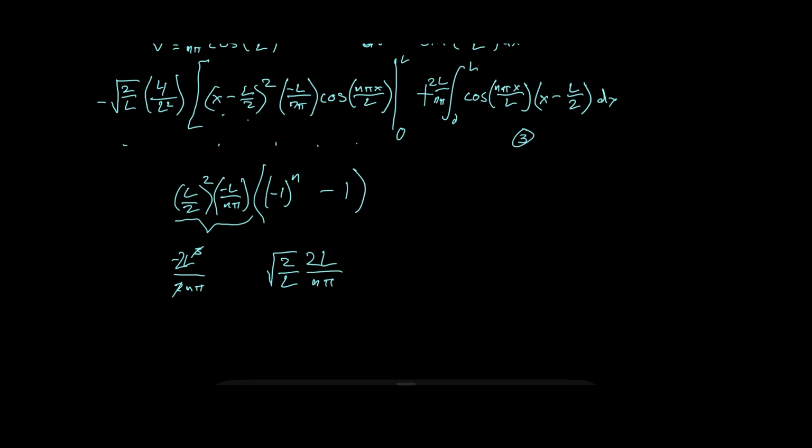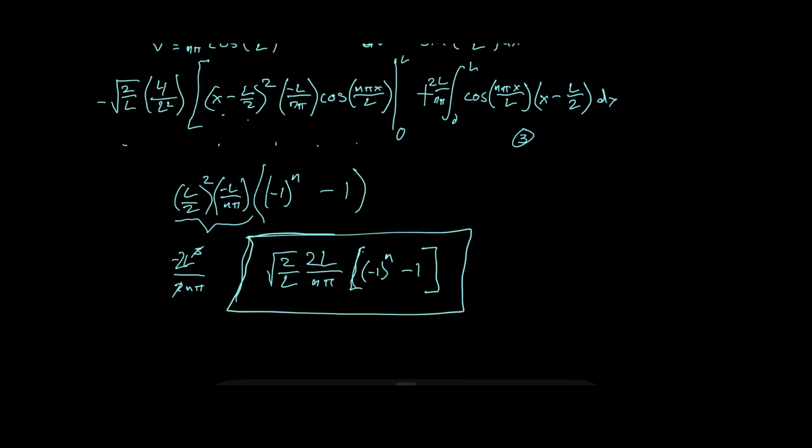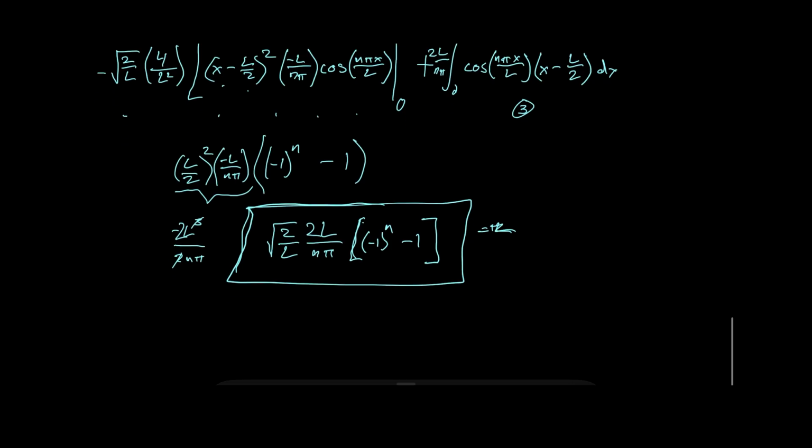Now, did I do that correctly? Yeah, I did. That's all correct. Times minus 1 to the n minus 1. Okay. Now this is the answer to number 2. 2.5, I should say.